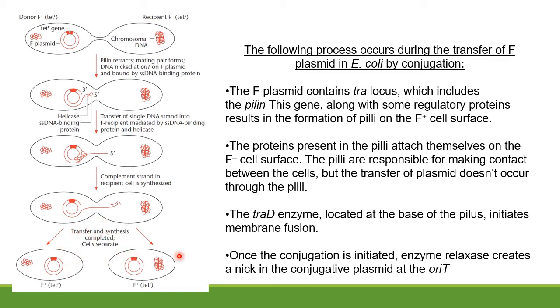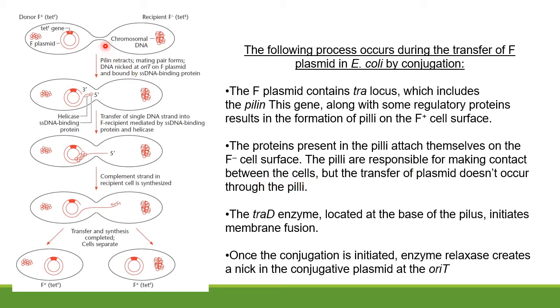The copy is then transferred to the recipient cell. So the F plasmid contains the tra locus, which includes the pilin gene. This gene along with some regulatory proteins results in the formation of pili on the F plus cell surface. The proteins present in the pili attach themselves on the F minus cell surface. The pili are responsible for making contact between the cells.